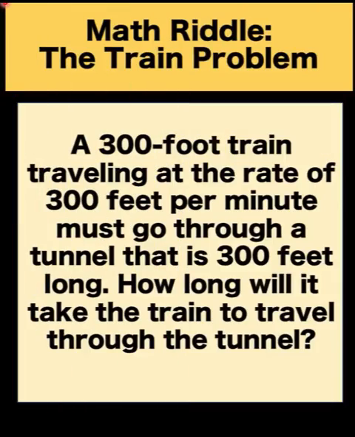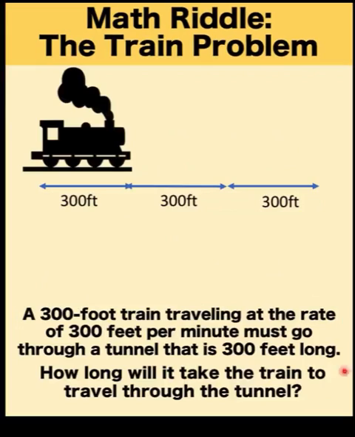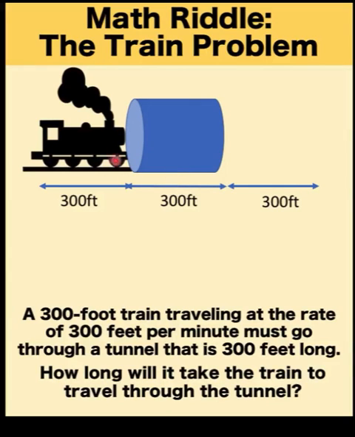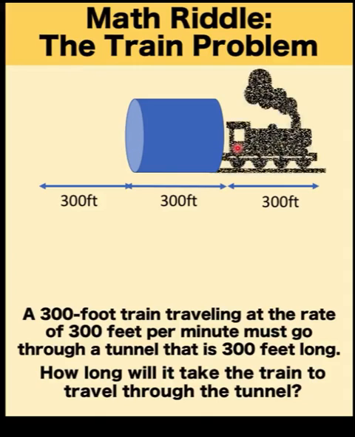A 300-foot train traveling at the rate of 300 feet per minute must go through a tunnel that is 300 feet long. How long will it take the train to travel through the tunnel? Let's visualize this riddle. This is a 300-foot train, and this is a 300-foot tunnel. The goal is for the train to fully emerge to the other end of the tunnel.